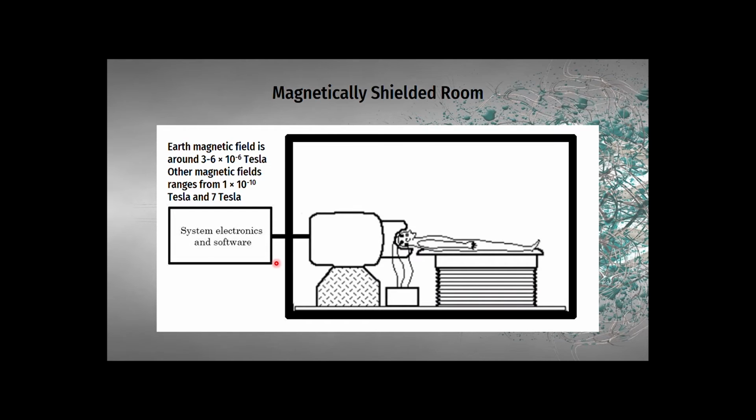All the electronics related to the magnetoencephalography device, including the computer that is used to process the MEG signal, are placed outside this room because these also generate magnetic fields.